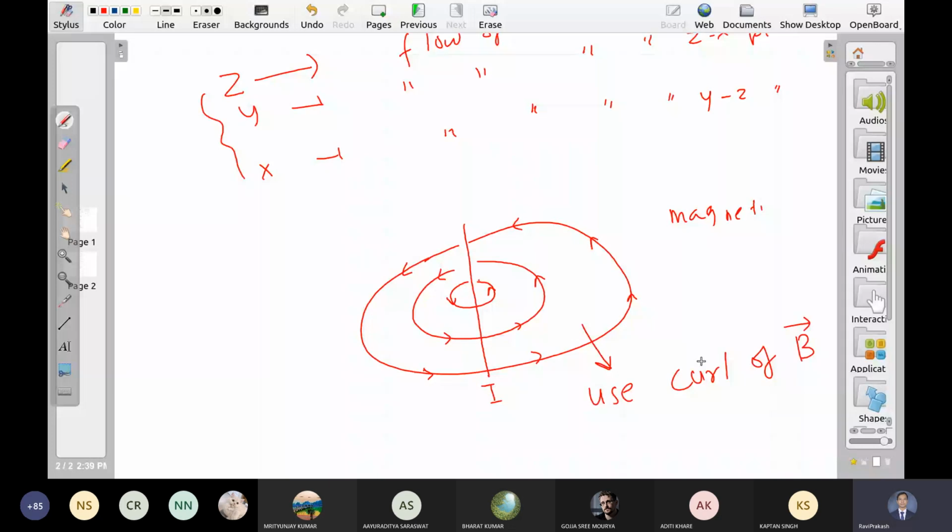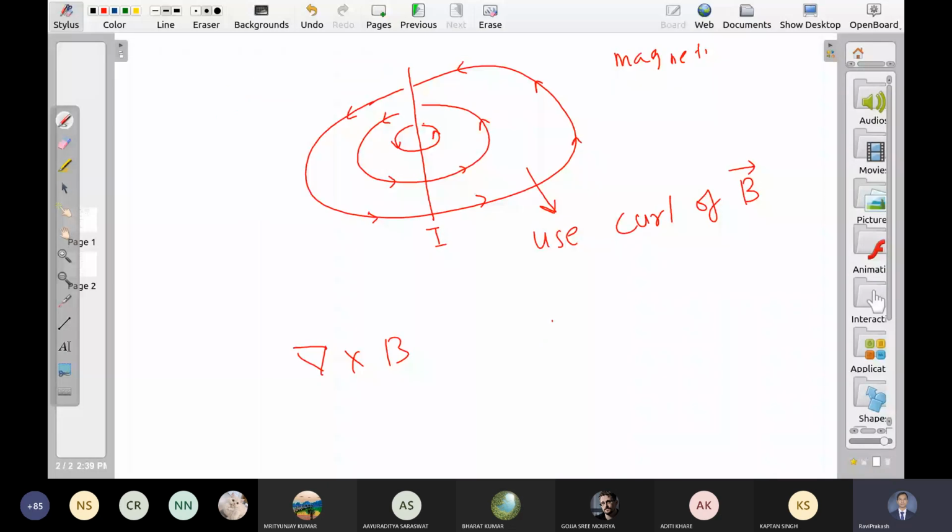But you already know, आप physics में पढ़े हैं, the strength obviously depends on the current. It means, although जब आपका time आएगा, you will come to know, del cross B is proportional to I. So this is just a guess for now. Del cross V is somewhere related to strength of the field.